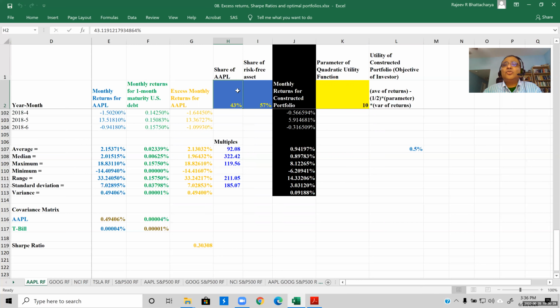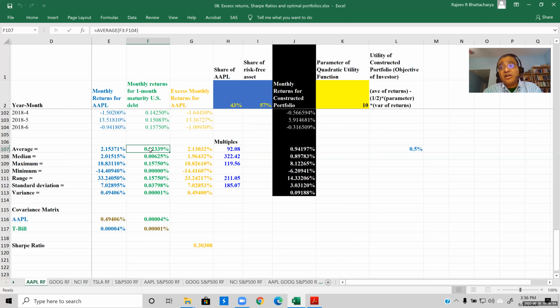All right, so in this case you're significantly risk averse. You'll only put 43% of your money on Apple, despite the fact that Apple's return of 2.15% is significantly higher than the average return on the risk-free asset.